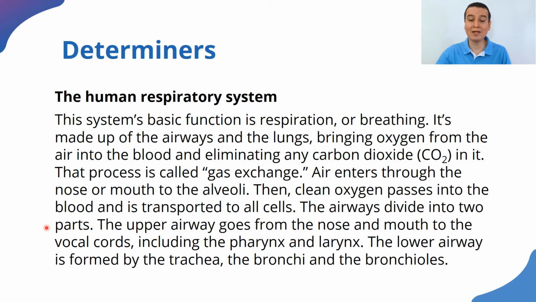The upper airway goes from the nose and mouth to the vocal cords, including the pharynx and larynx. The lower airway is formed by the trachea and bronchi and the bronchioles.